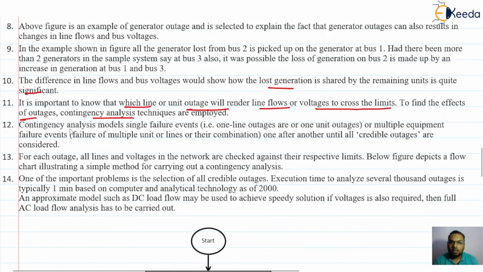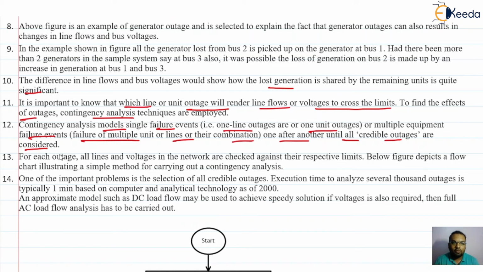Contingency analysis models a single failure event, that is one line outage or one unit outage, or multiple equipment failure. That is the failure of multiple units or lines, or a combination of lines, or the combination of lines and generators as well. One after another, all the credible outages are considered. What are the list of outages that will be given, we will analyze all those.